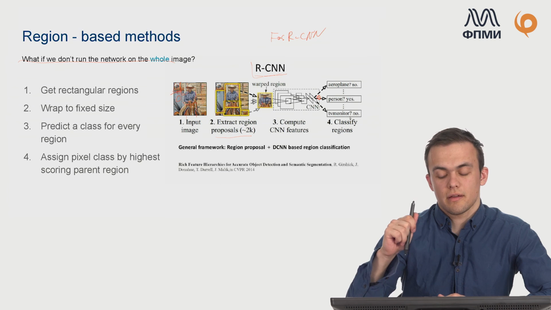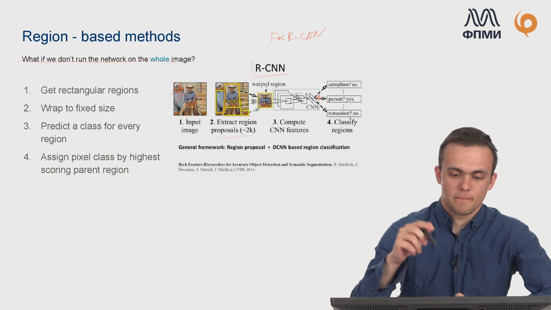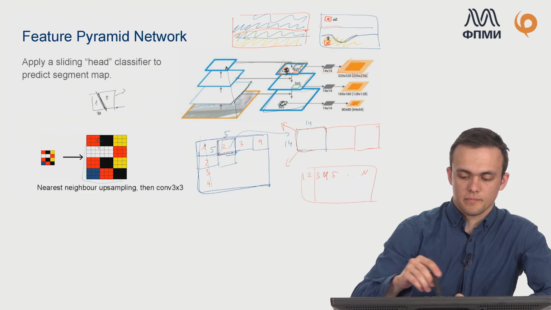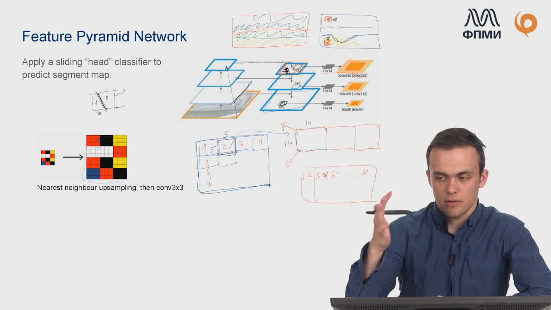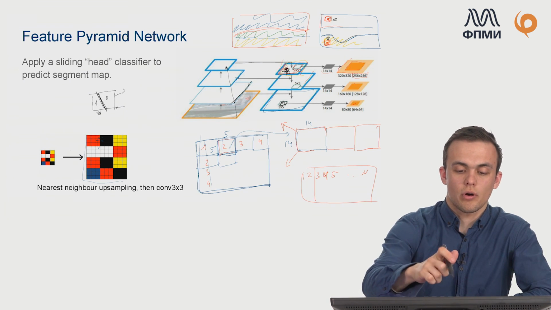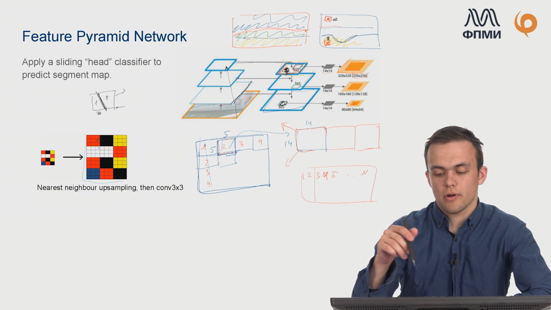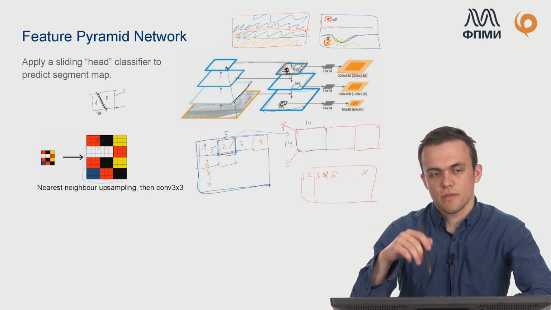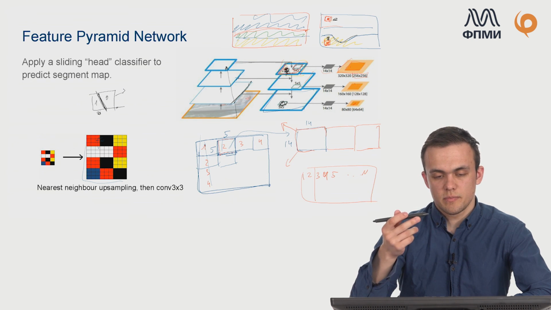Actually, I think in about several weeks, Facebook Research proposed a new model that was based on this architecture, with more complications and more additions to it, but the basic idea is to use a feature pyramid network. And also they solved a problem when they differentiate between different objects of the same class.